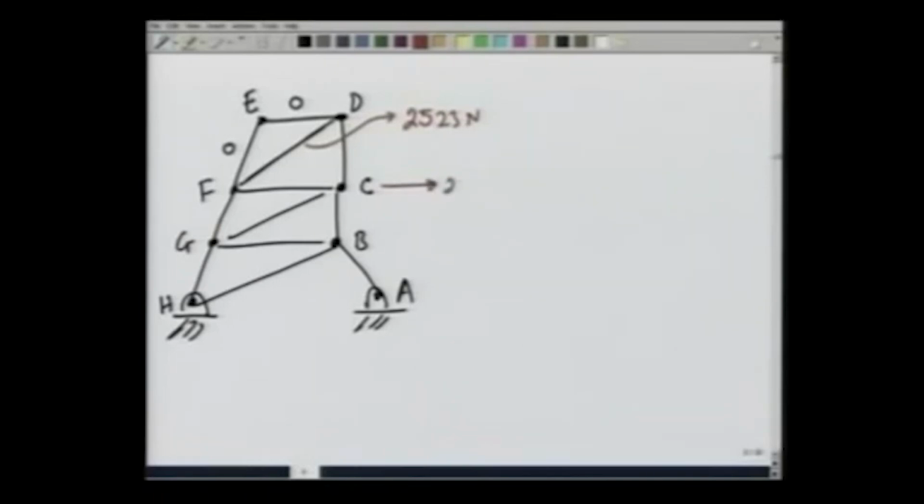This is of course loaded with 2000 newtons this way and 2000 newtons this way, and this force is tensile because it pulls down. Similarly, now we have found F_DC, this force which is 1538 newtons. We have found F_CF which is also 1538 newtons, and we have found F_FG which is 1606 newtons, this force. Similarly, now I can go on.